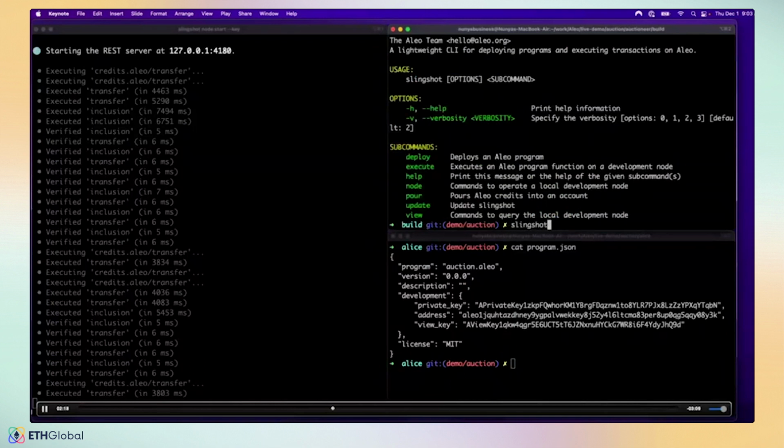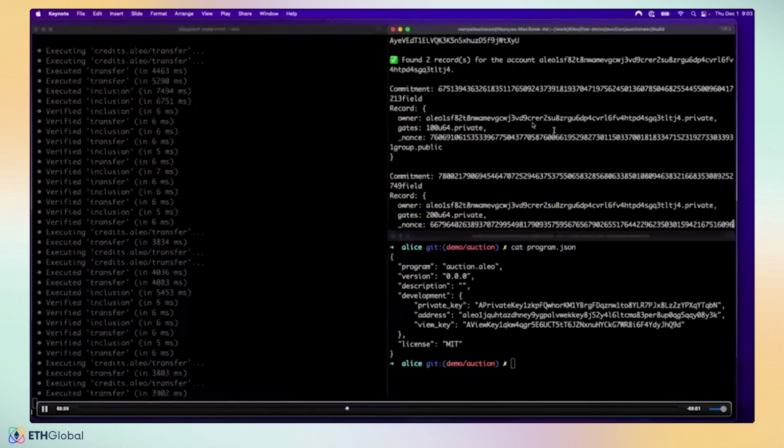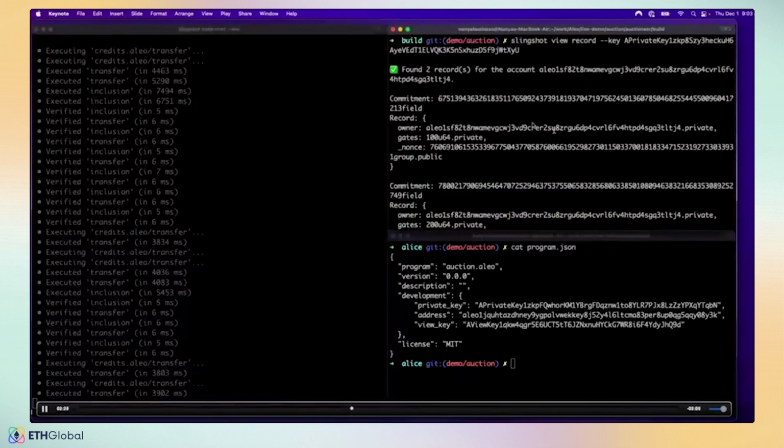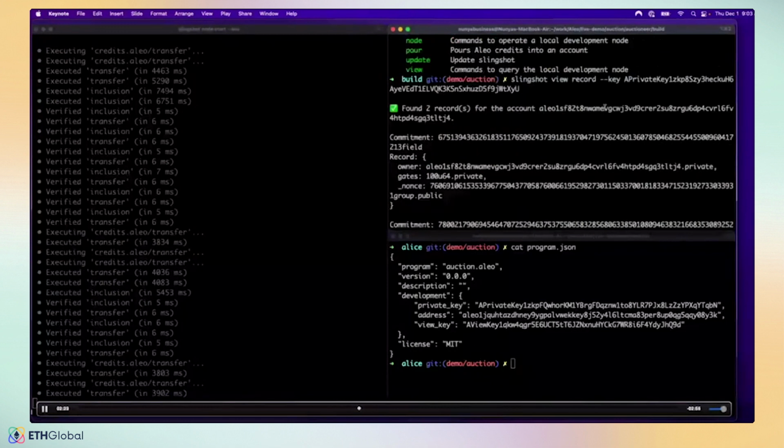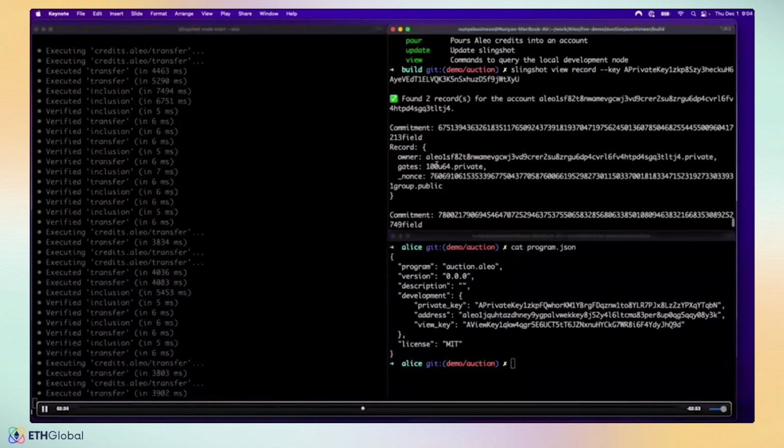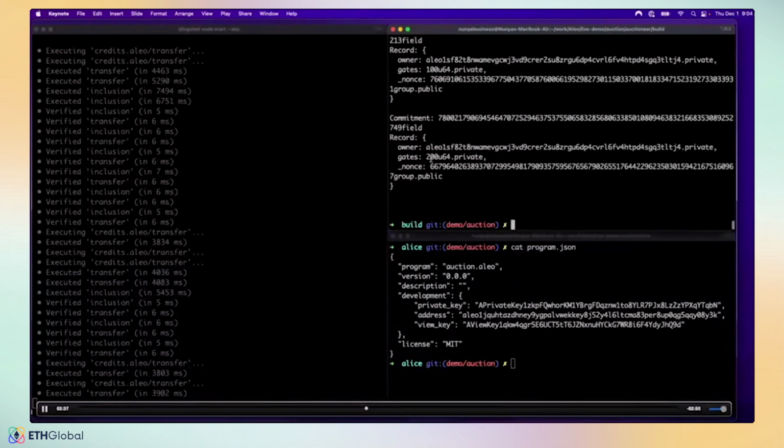So essentially, with Slingshot, you have a couple commands available to you to get tokens to your accounts, and also see the records that have been created across the execution of this development node. And you can use these records when you're also now executing new programs and whatnot.